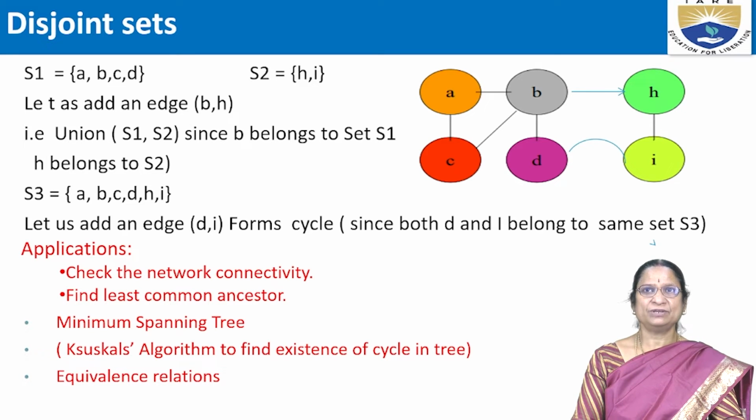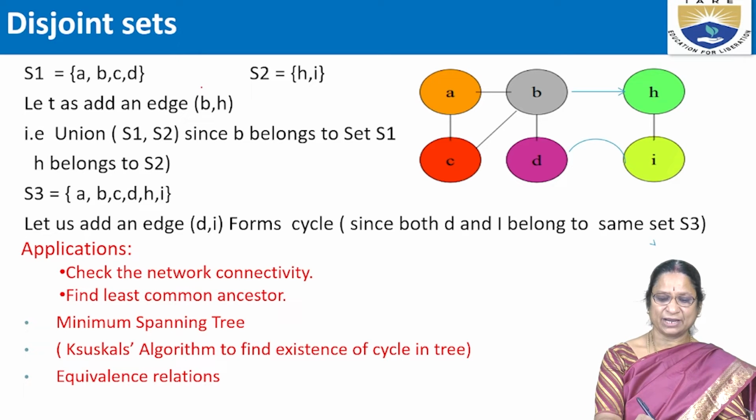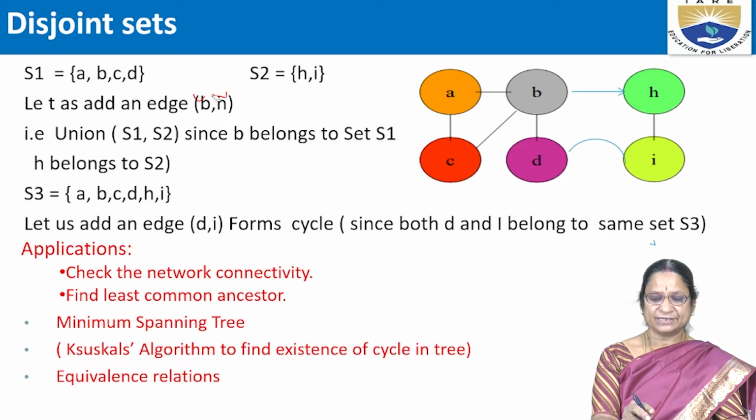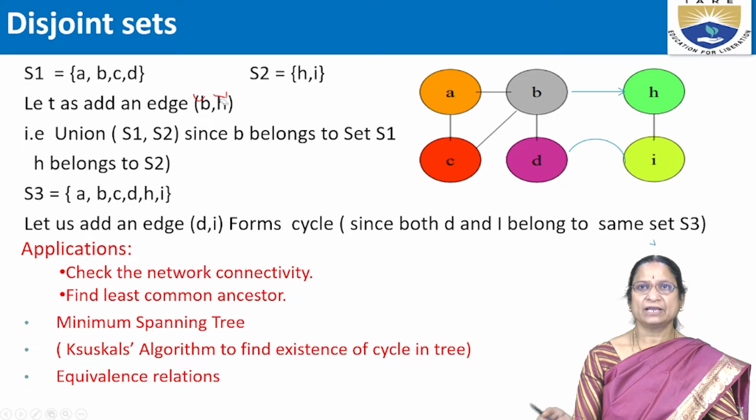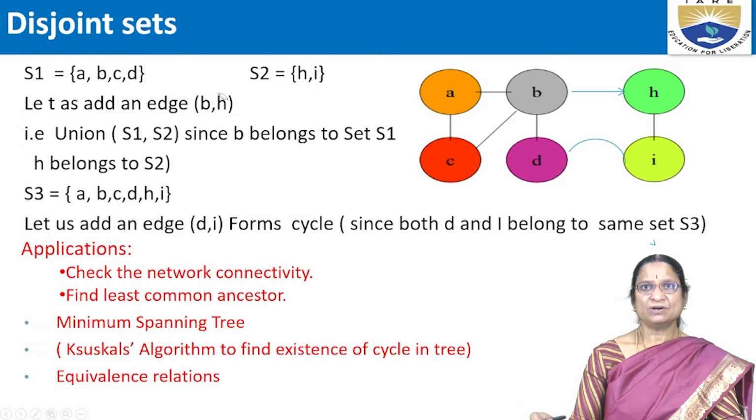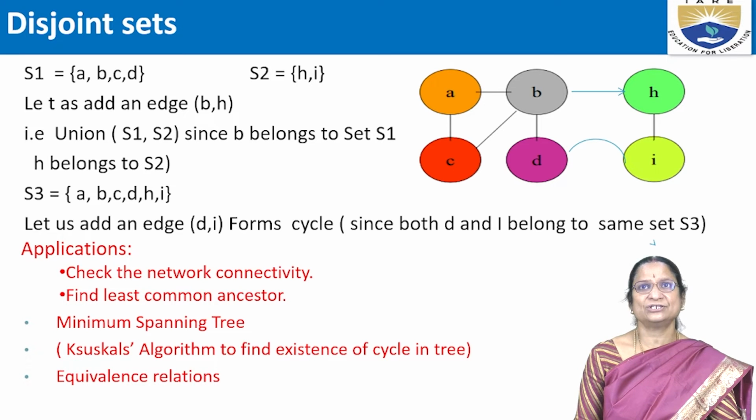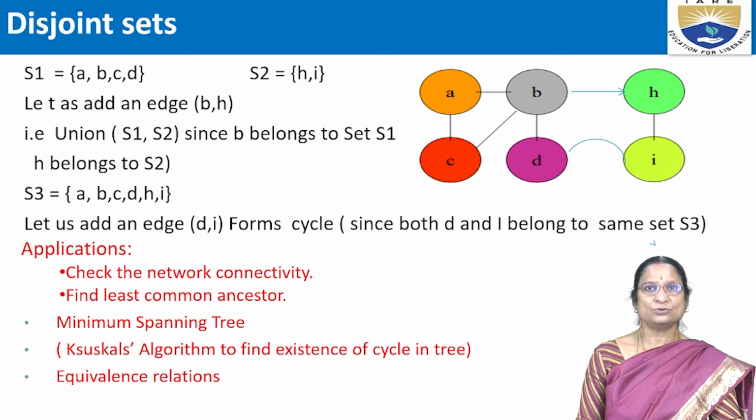But remember, when we want to do this union operation, that is, when we want to add an edge, for example BH, for any edge, both the source and destination vertices must belong to two different sets.